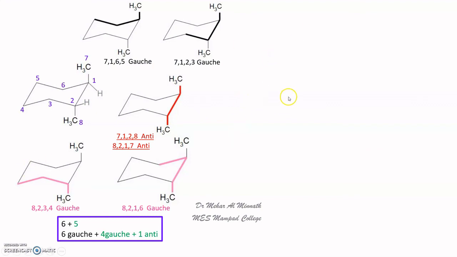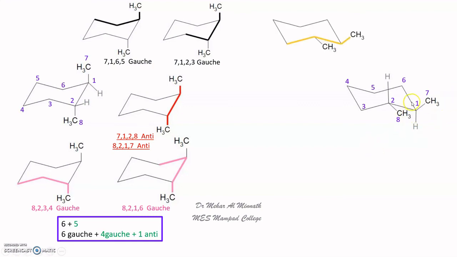Now take the case of the equatorial EE form. You number them 1, 2. In fact, you are flipping this AA into EE. So 1, 2 will be here, 3, 4, 5, 6, 7 and 8. Now, if you consider the butane units with respect to carbon 7, you have 7, 1, 2, 3.